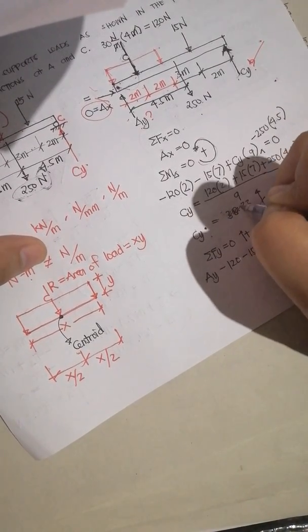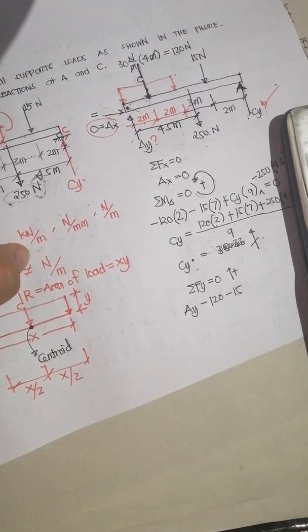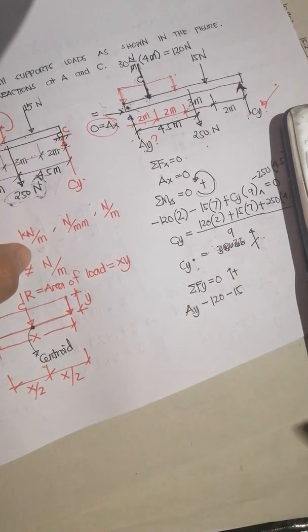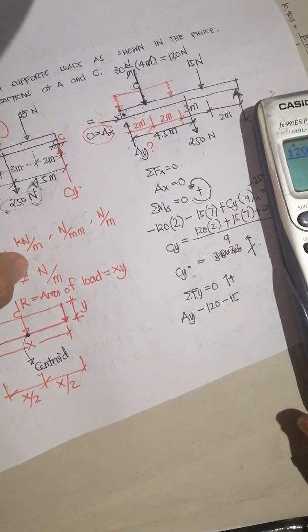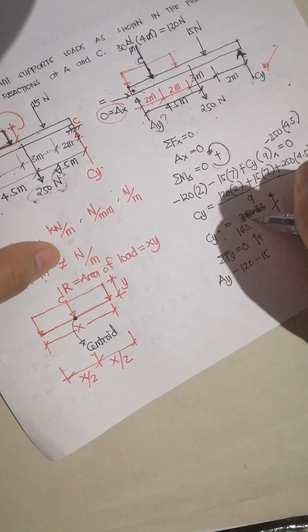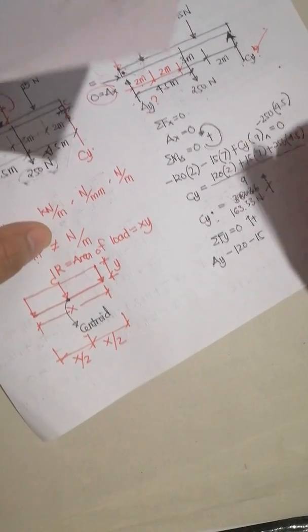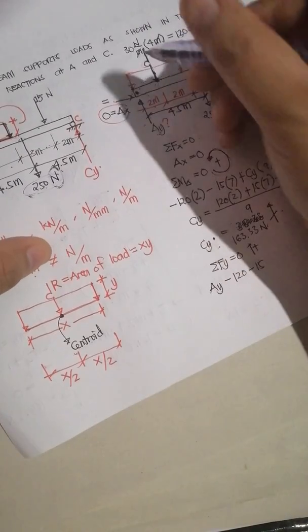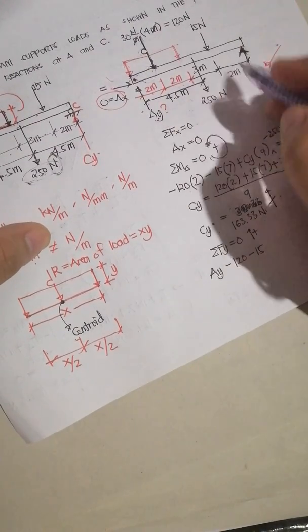So the actual value for Cy is 163.33 newtons, because it's a force. Then minus 120, we have 15 downward.